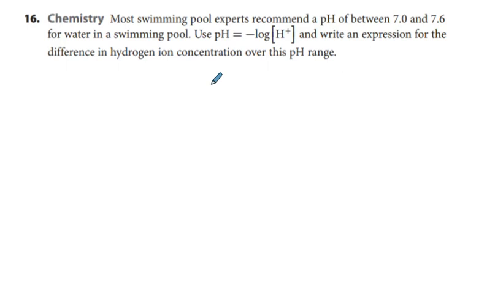What you do is you take 7.0 is equal to negative log, that's log base 10 of a hydrogen ion concentration. And what you're going to do is work about solving for this hydrogen ion concentration. And I'll leave it to the viewer to do that.